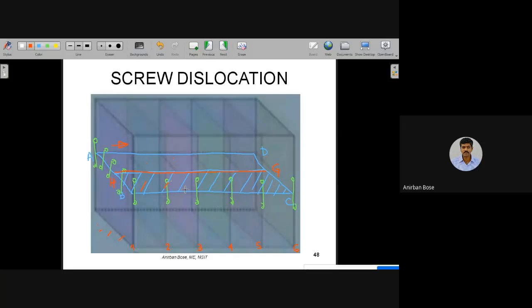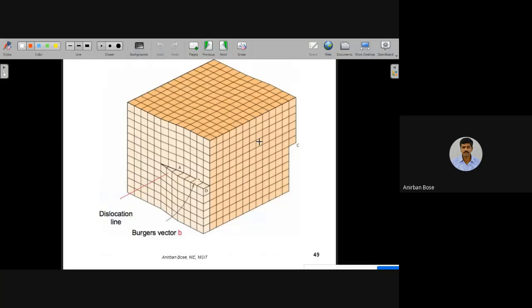Along this line, you observe that these atoms are moving with respect to the other atoms. Suppose here is one atom, here is another atom, and one atom is trying to move with respect to the other atom, and it is a kind of shear. You can understand that one atom will move with respect to the other atom in this direction. So a kind of shear will be observed around that region.